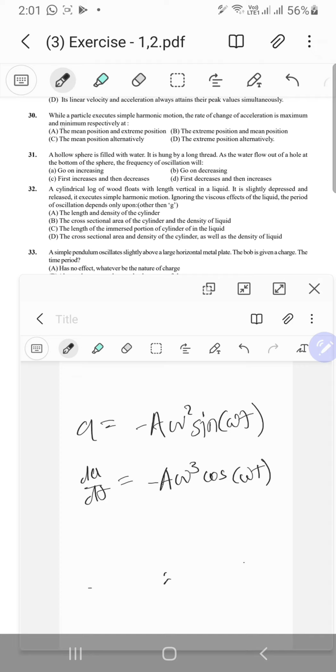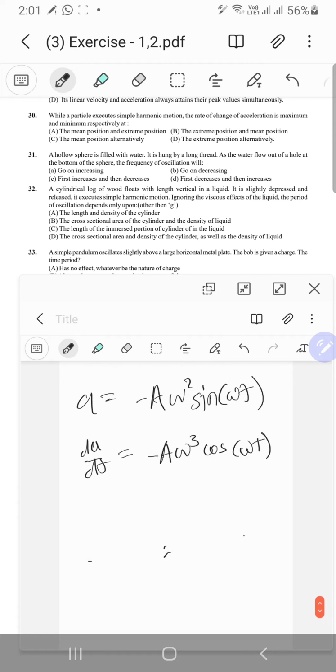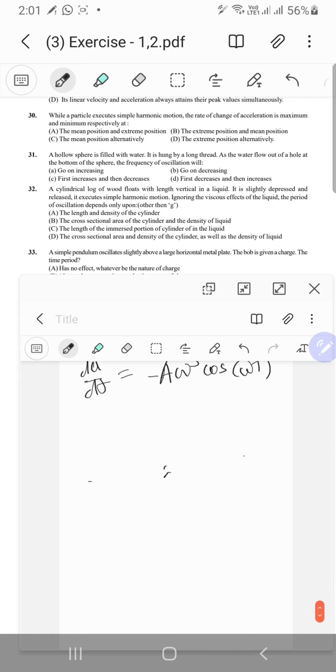Well, it's going to be either A or C, depending on what they mean. But since they have given mean position alternatively, it must be that they are talking about the sign conventions as well, right? So the mean position. Next question.